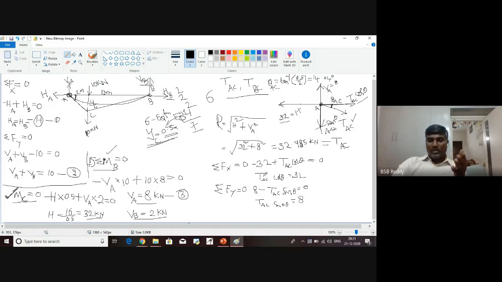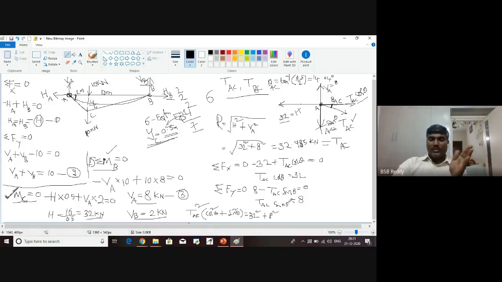So T square on both sides, right? So TAC square cos square theta, I'm taking TAC as common, it is in both the terms. So cos square theta plus sin square theta is equal to the right hand side, 32 square plus 8 square.